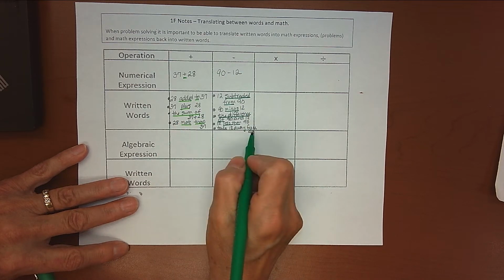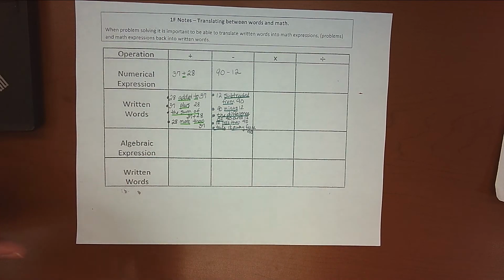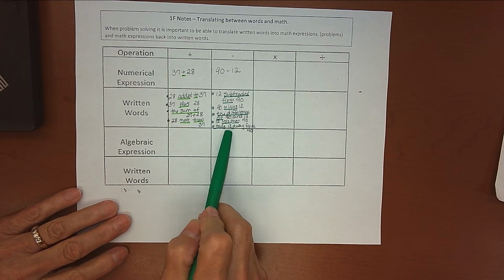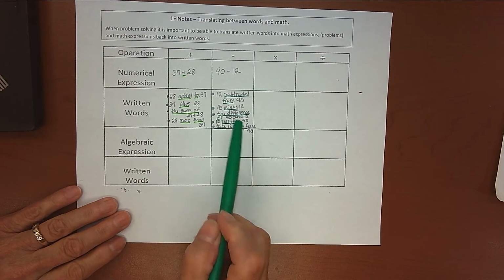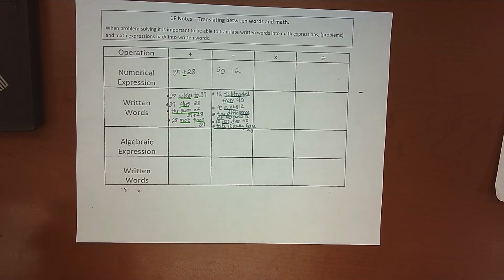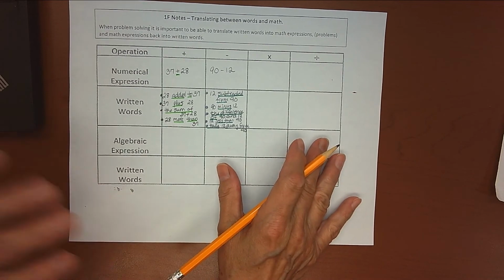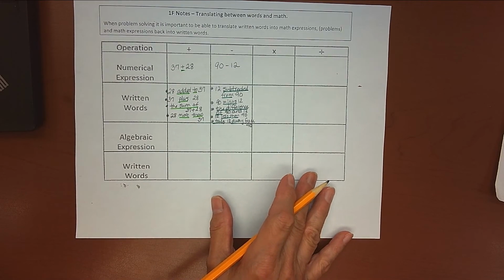And then take 12 away from 90, so take away, and that would be, again, another situation where the 12 is first and the 90 is second, even though in the numerical expression, the 90 minus 12 goes in that order. All right, so let's look at some multiplication options here.